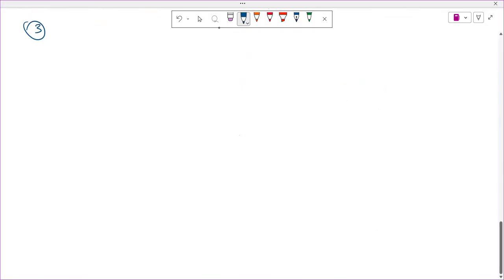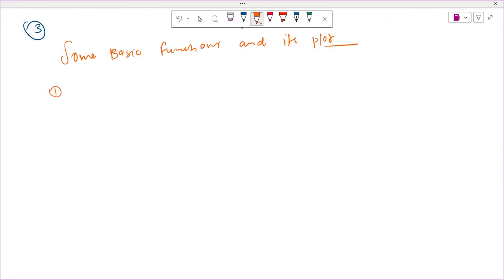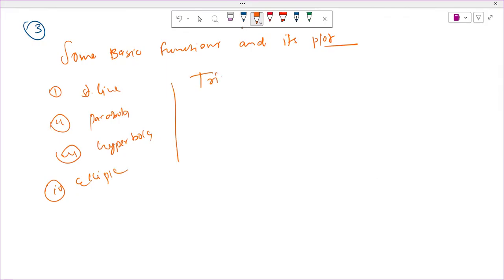And then plotting, plots of some basic functions. Let's discuss some basic functions and their plots. This includes, for example, a straight line, a parabola, hyperbola, ellipse, and you can also have trigonometric functions.